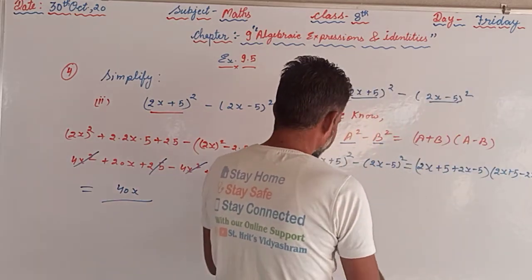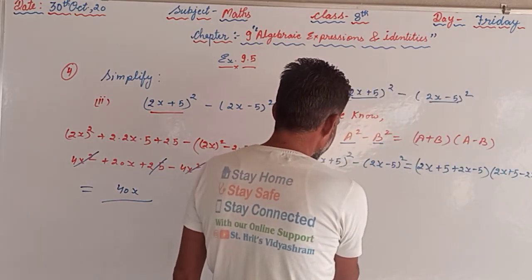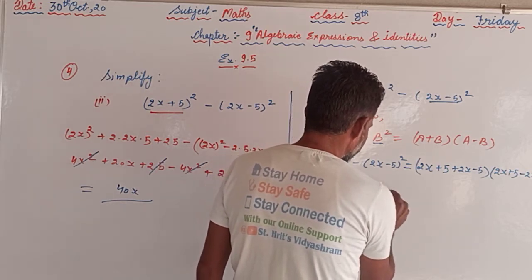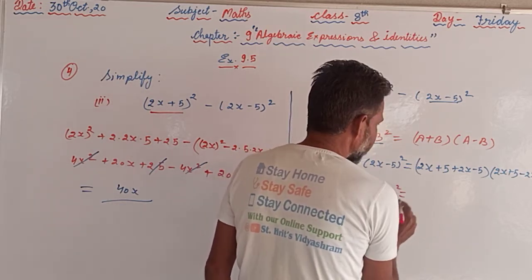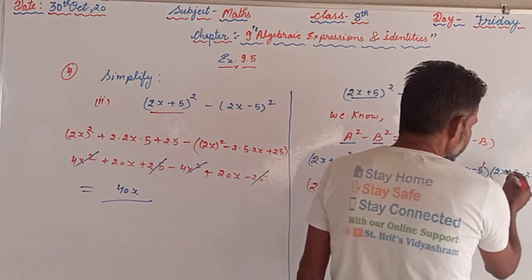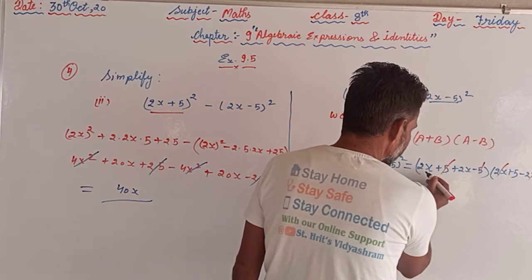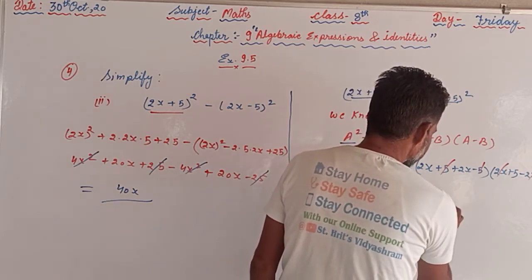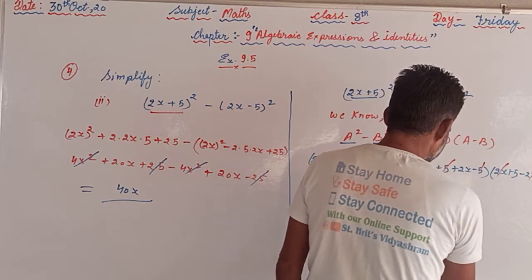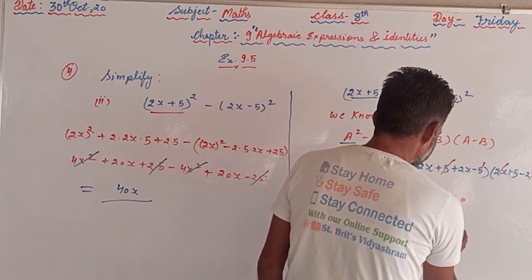So here 5 is cancelled out, 2x is cancelled out. So here 2x plus 2x is 4x into 5 plus 5 is 10, and the answer is 40x.